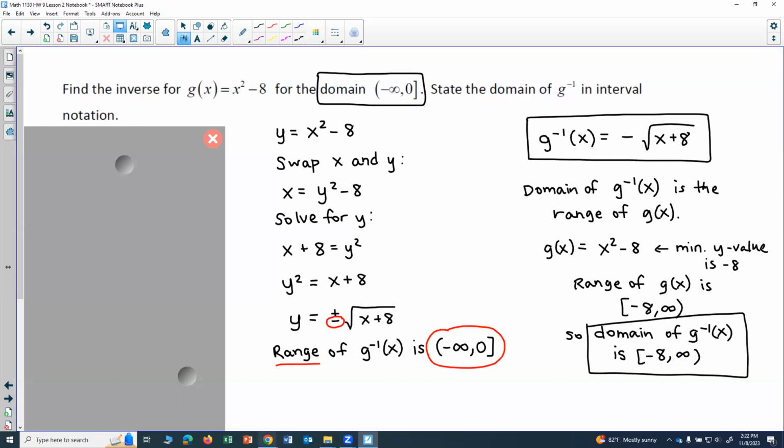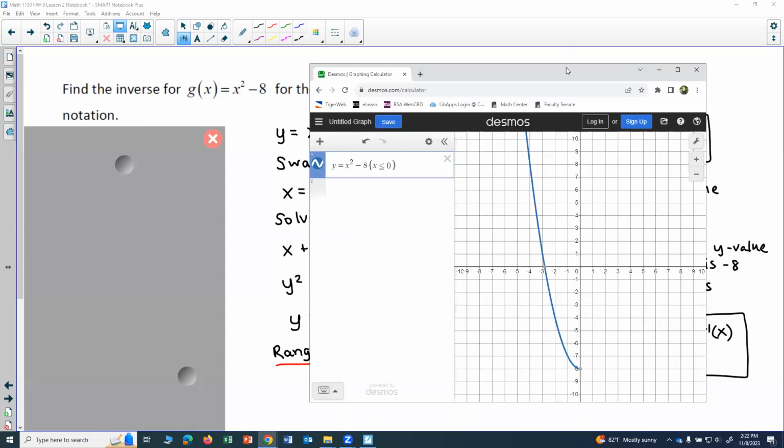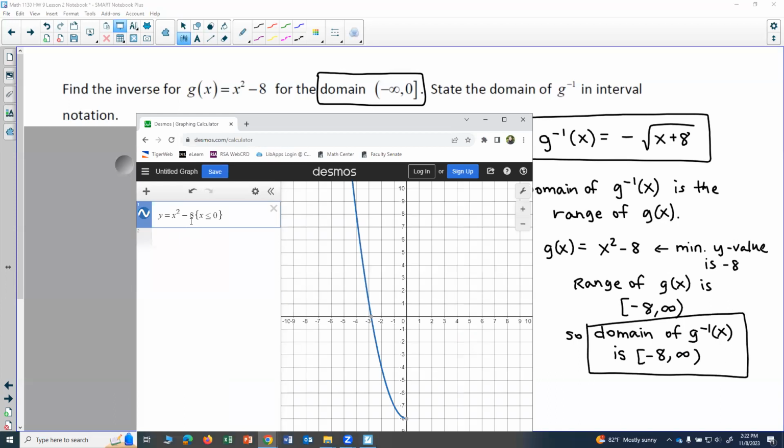So let me go ahead and graph these two functions and see if we've got the symmetry that we need. I've already graphed the first one, y equals x squared minus 8 for x less than or equal to 0. The inverse is y equals negative square root of x plus 8.